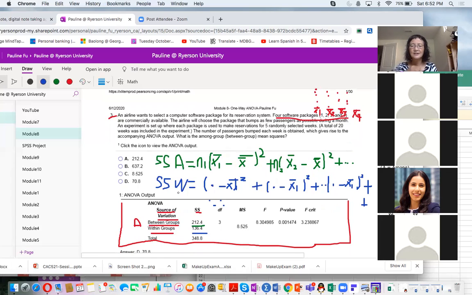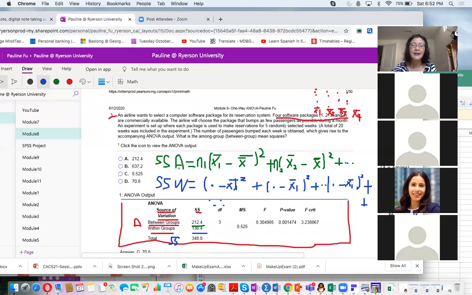Okay. Any question, how do you get SSW? So once you have SSW, the last number, 348.8, we call SST, sum of square for total.